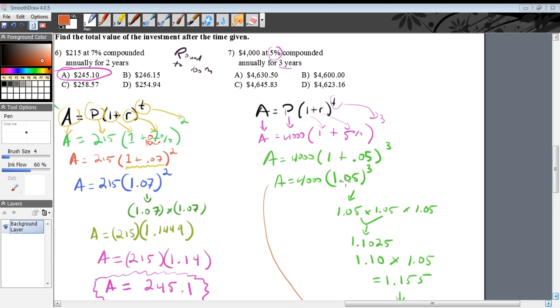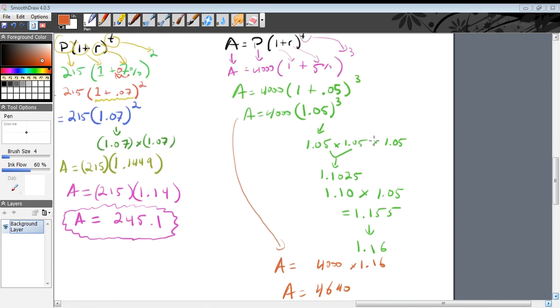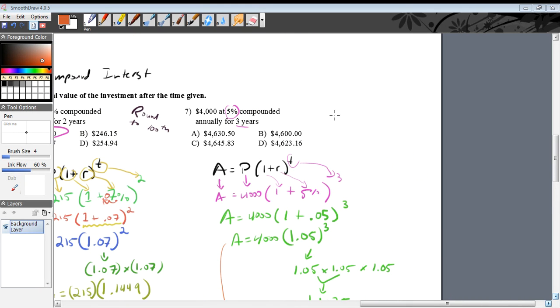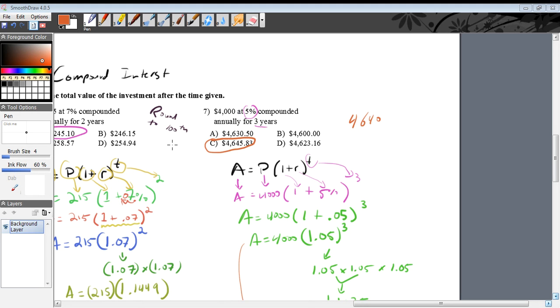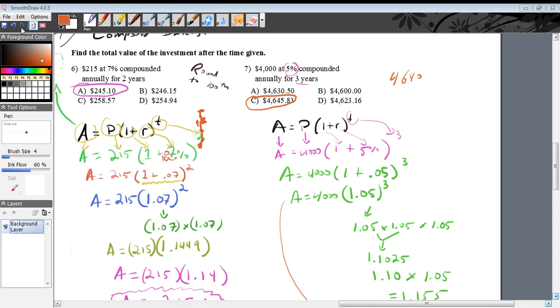So our answer is this, 4,640. We did do some rounding, but we're going to pick the closest one, which is C. All right. So you can always round to the 100th place, and just make sure that you use this formula. Thank you very much, everybody, and good luck.